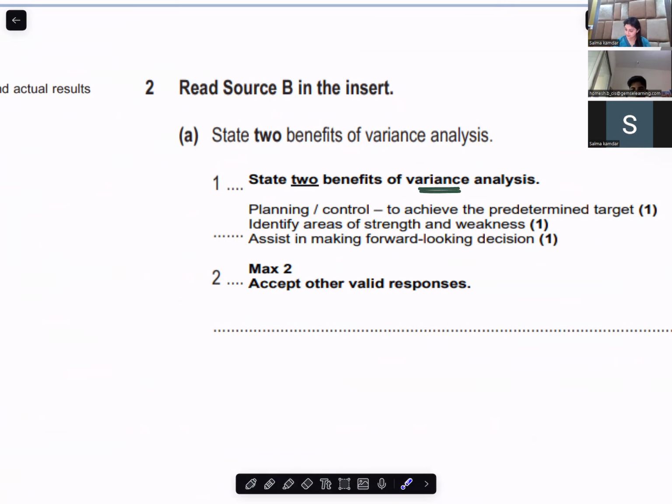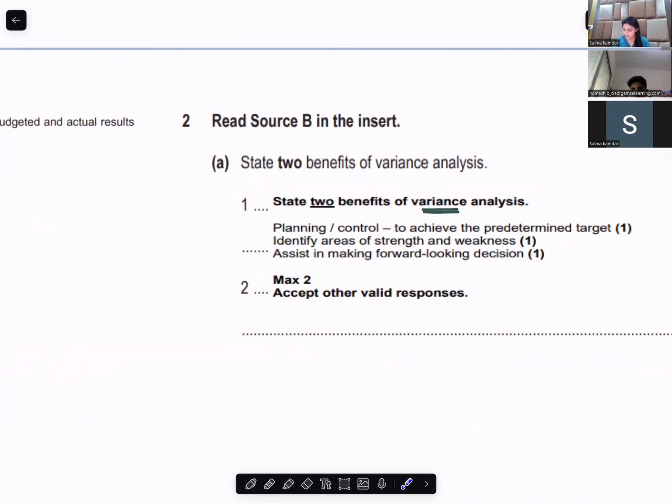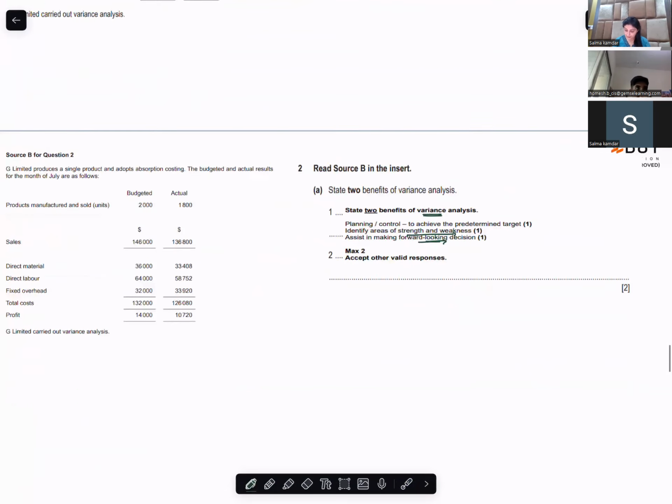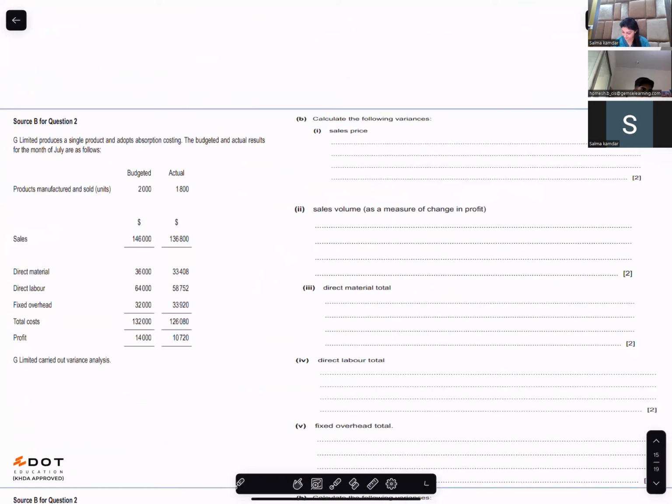Yes, it's the difference between budgeted and actual. Okay, so the benefits of variance analysis is it helps you make forward decisions. It helps you to see where you've gone wrong and what were your strengths. It helps you to achieve the targets.